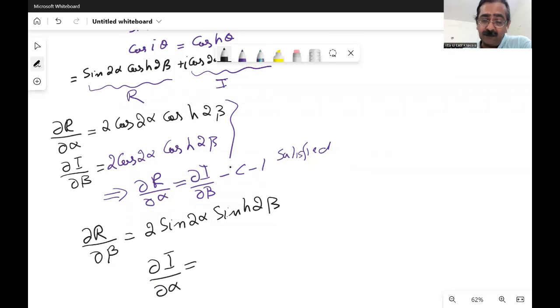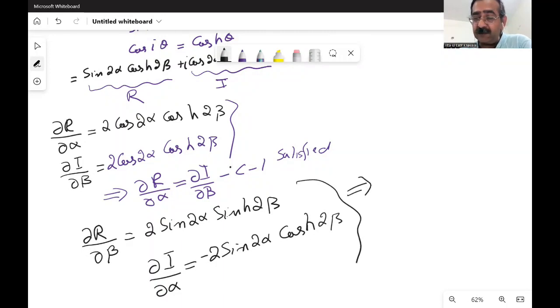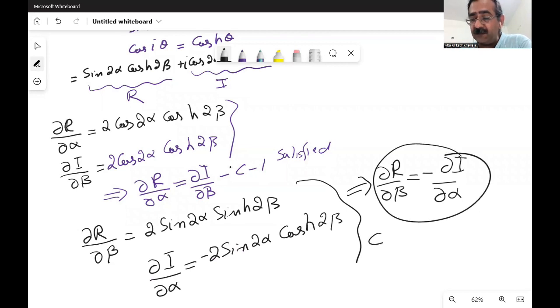Then this will become minus 2 sin 2 alpha cosh 2 beta. From these two equations, you may see that the second condition, partial R over partial beta must be equal to minus partial I over partial alpha, which is C2, is also satisfied.